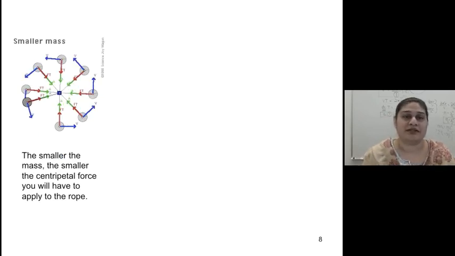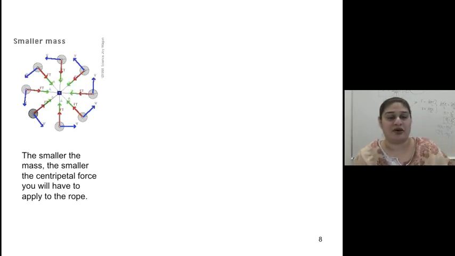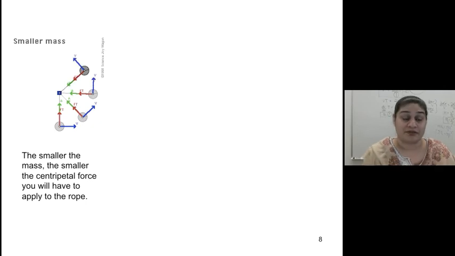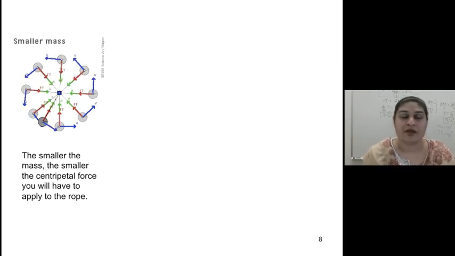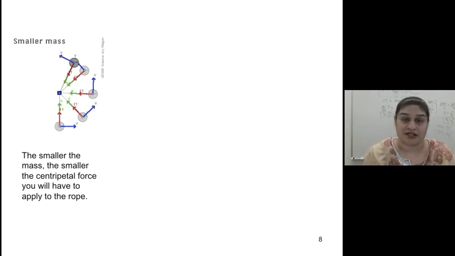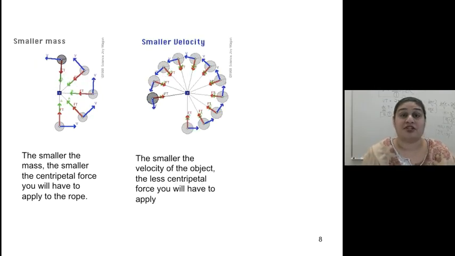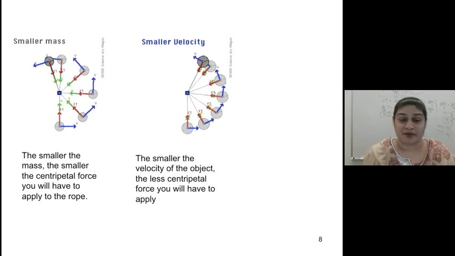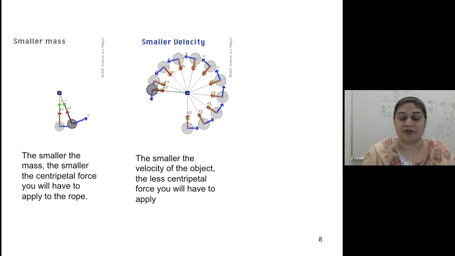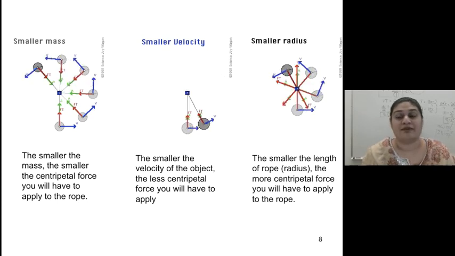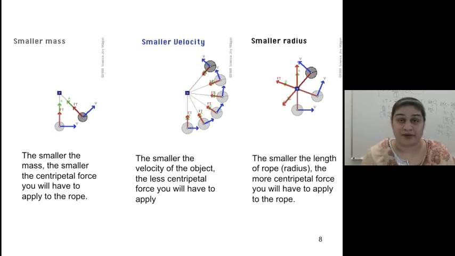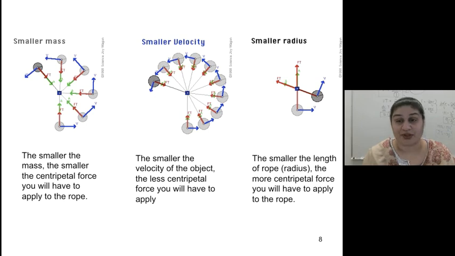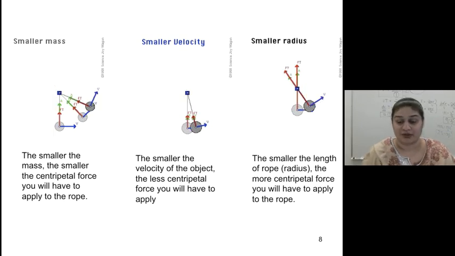Another factor is what happens when you have different kinds of masses and they're going at different velocities. So for example, if you have a smaller mass, you will need a smaller centripetal force in order to keep it moving in a circle. If you have a smaller velocity, then you will still need a smaller force in order to keep it moving in a circle. If you have a smaller length, however, you will need a larger force in order to keep it moving in a circular path.